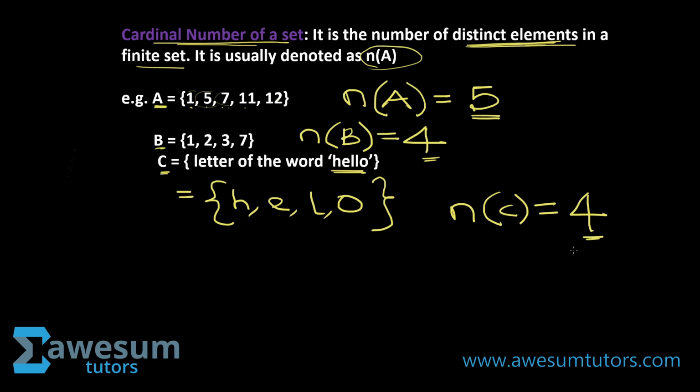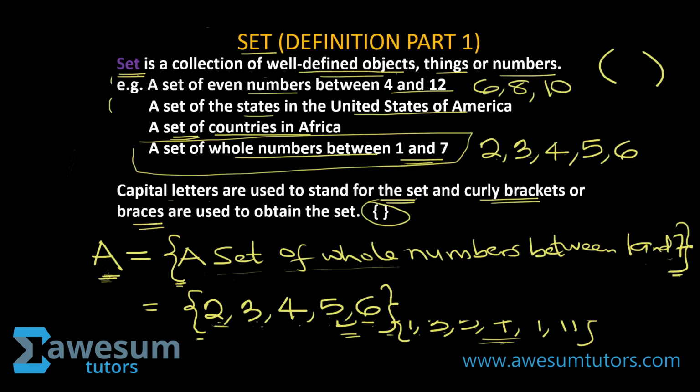Very good, guys. I hope you all understand these fundamentals, these terminologies we are explaining right here. So in this class, we have been able to explain what a set is, and how we represent a set. We represent with capital letters, and we use braces, or curly brackets.